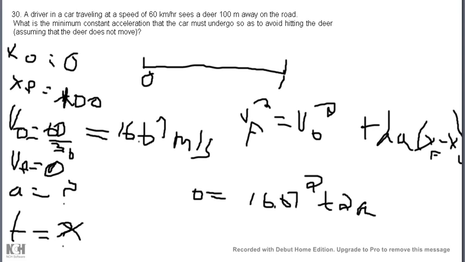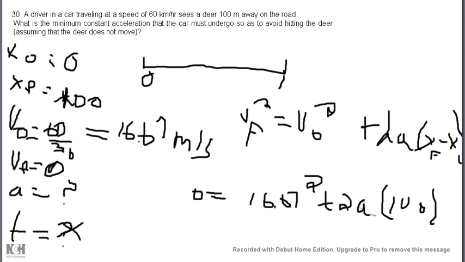Let me grab an eraser real quick. 2A, right? Final position is 100. Initial position is what? 0.